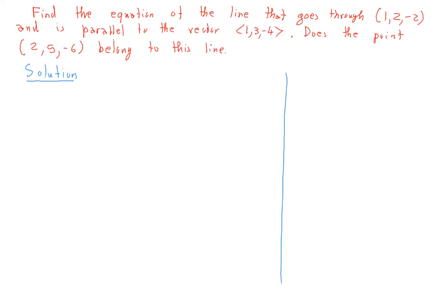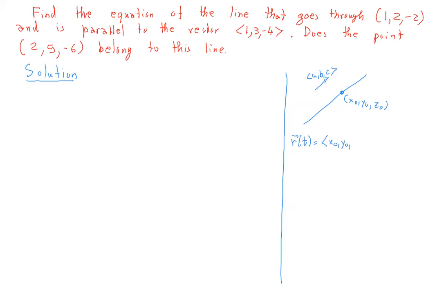It was that if you have a line for which you know a point, and you have a vector that happens to be parallel to this line, then a vector valued function whose position vectors point to the points of the line looks like this: r of t is equal to x naught, y naught, z naught.